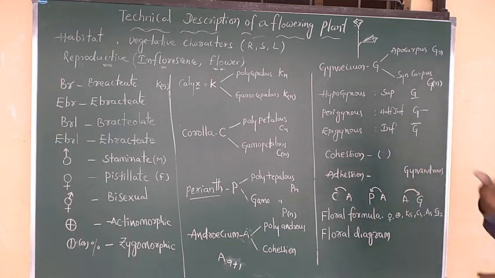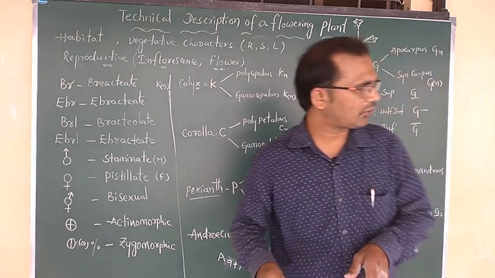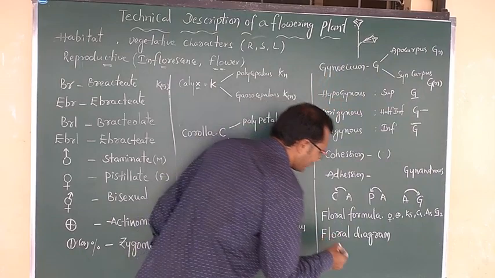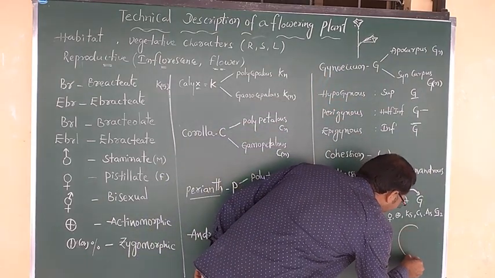What is the floral diagram? You take one floral bud and cut the transverse section. How all these whorls are arranged to each other, how they are arranging, that we call floral diagram.